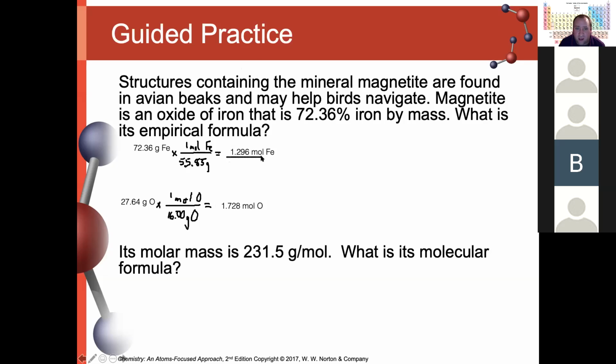We need to divide each one of these by the smaller of the two numbers to guarantee that we get the smallest one in the lowest ratio, which is 1.